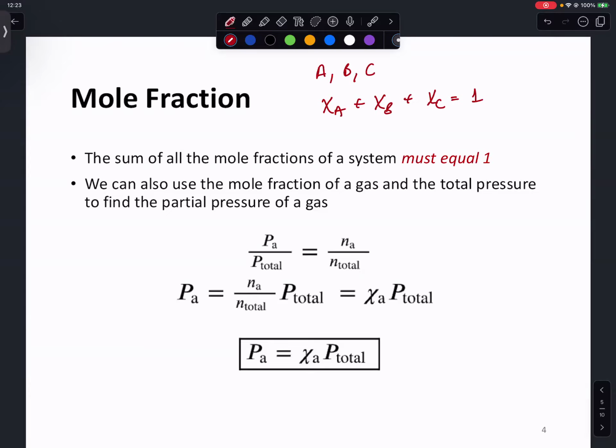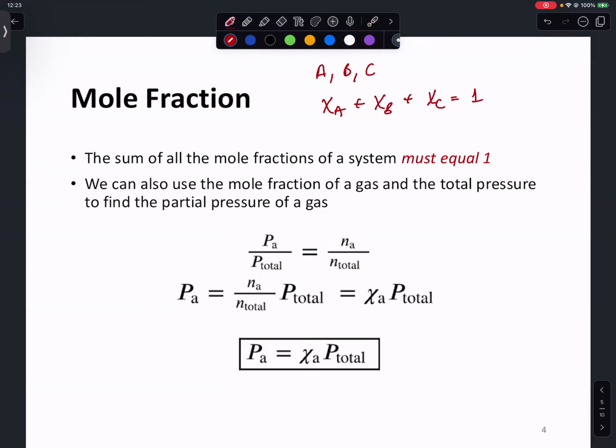All right, and we can now use mole fraction along with the partial and total pressures and the variations of it to solve a problem. So, as I did mention before, if I have the partial pressure of A divided by the total, I get the mole fraction, which can also be the number of moles of A divided by the total moles.